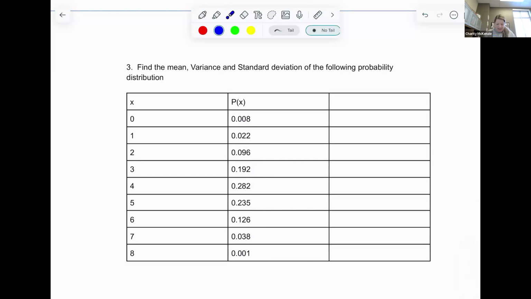So 0.008 plus 0.022 plus 0.096 plus 0.282, hopefully I didn't lose my spot, plus 0.235 plus 0.126 plus 0.038 plus 0.001. I must have missed a number, or I messed it up.